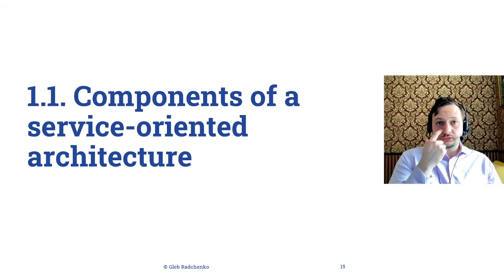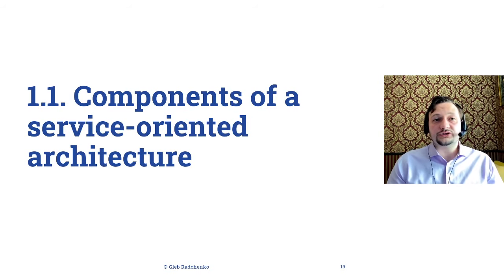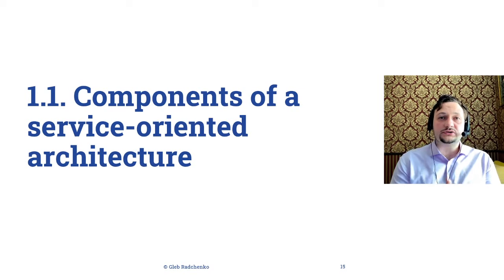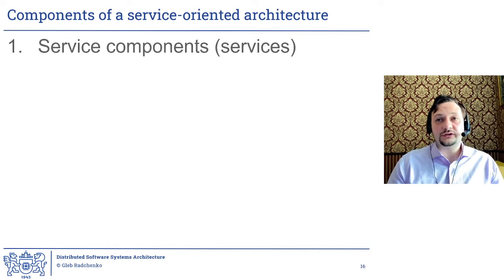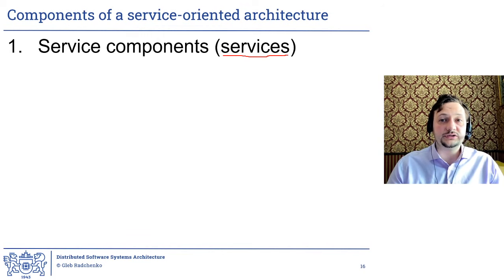To get to the description of how RPC is implemented via the HTTP protocol and how RPC web services are implemented, we would need to describe the components of the service-oriented architecture. To describe the service-oriented architecture, we need to define what the service components are.